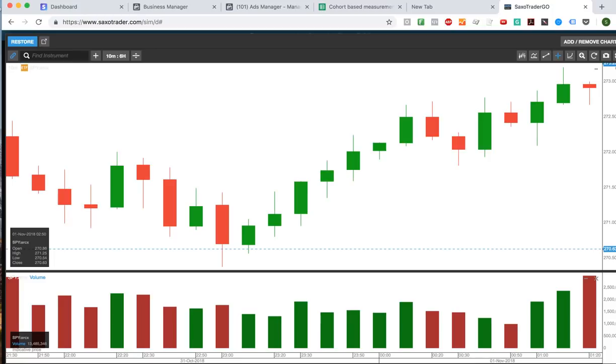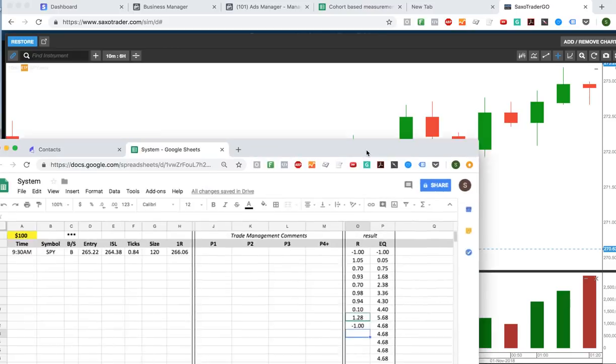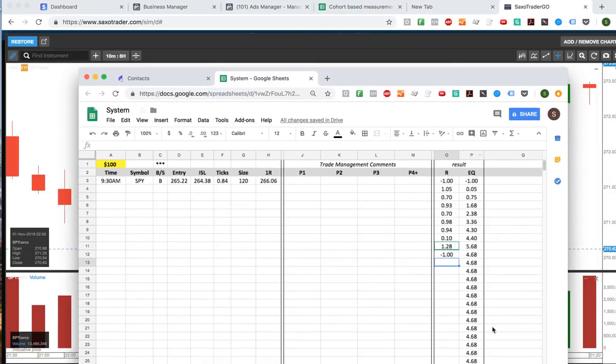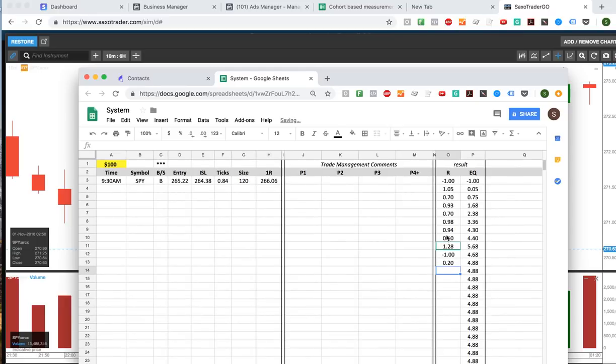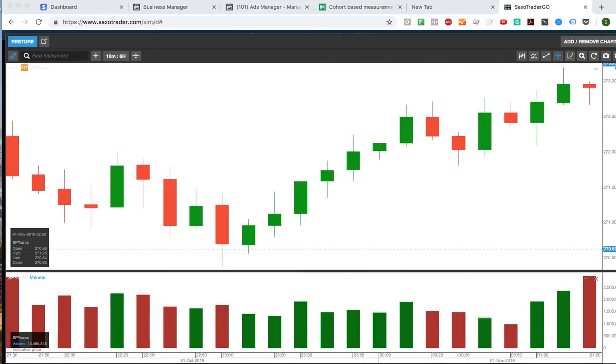So let's go back to our spreadsheet and enter 0.2. So for the day so far, we have 3 wins and 1 loss, and we're up a little bit for the day, about normal.